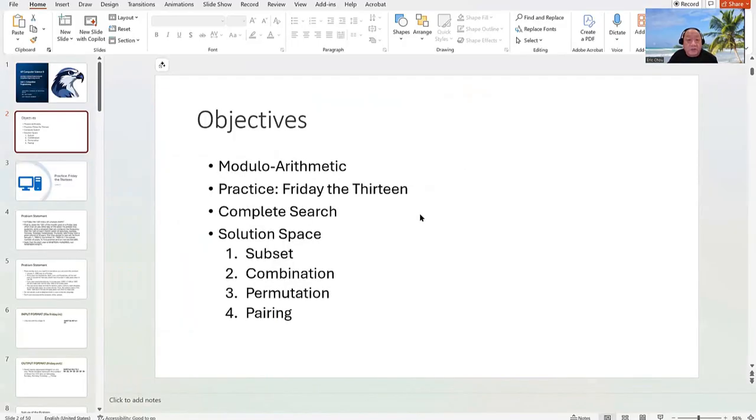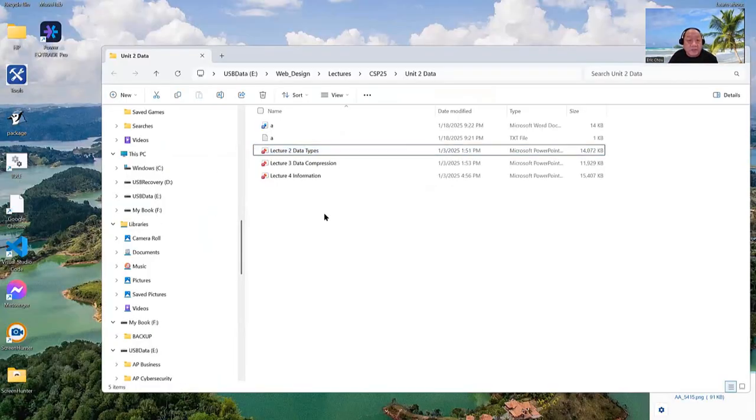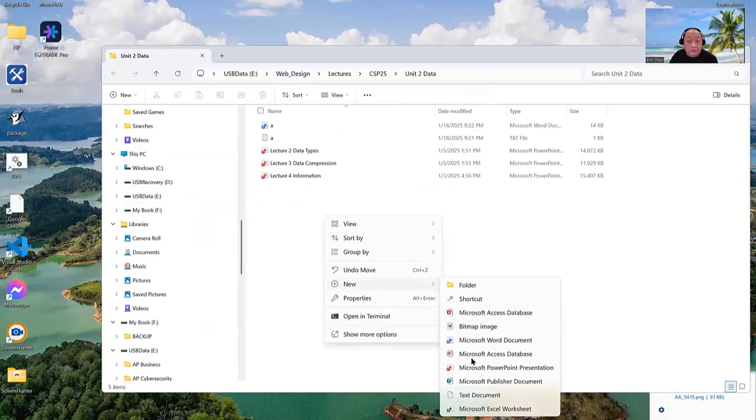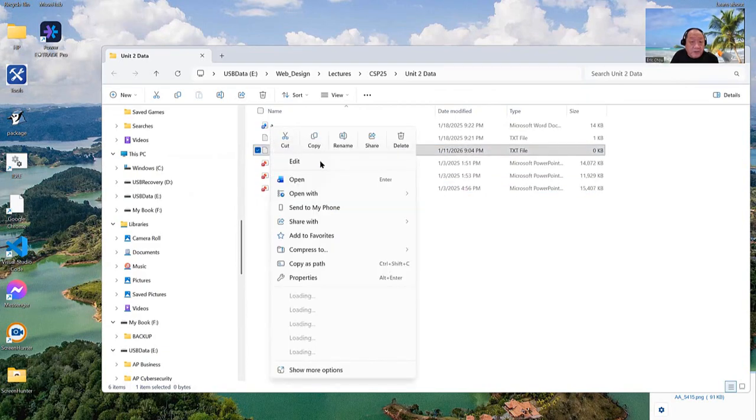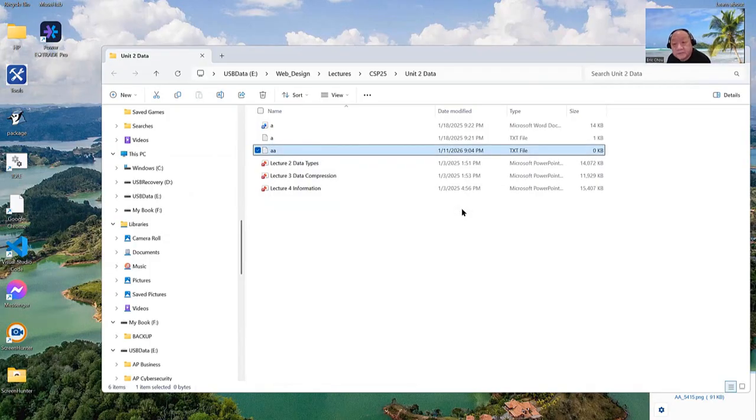You go to your disk, you do new, text document. I call it AA. Then you open it with an editor, maybe Notepad. I'm using Notepad++. So this AA file is empty right now.